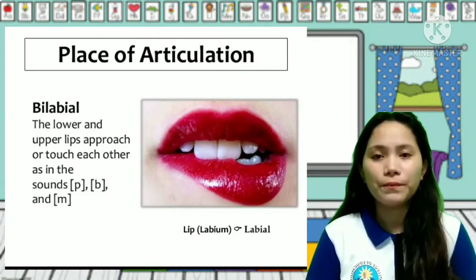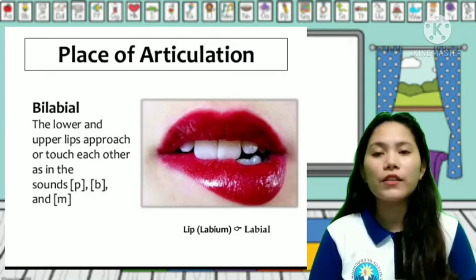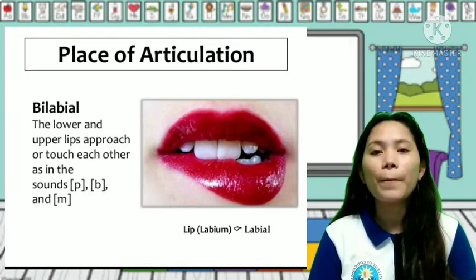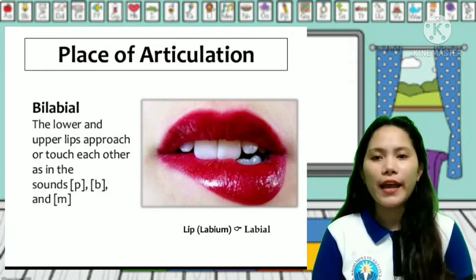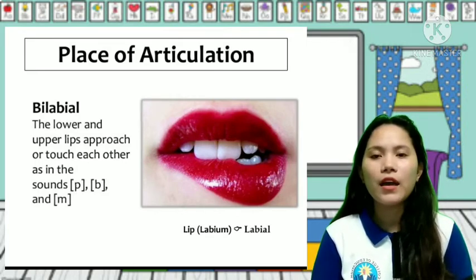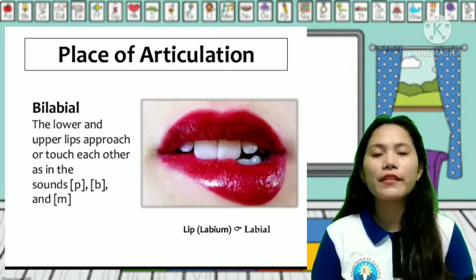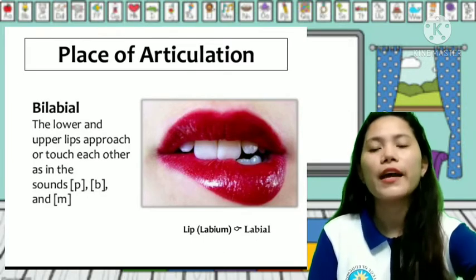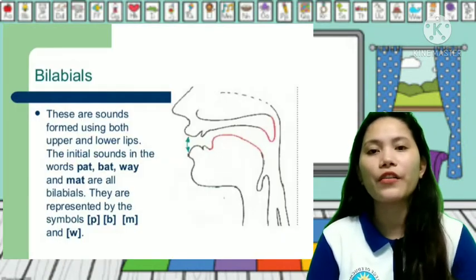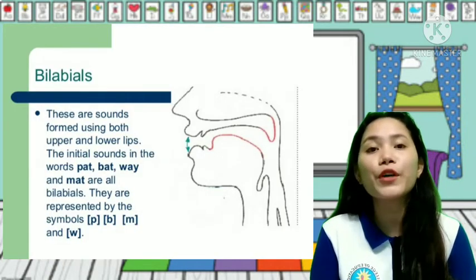In the sounds of these letters, you see your upper lip and your lower lip touch each other. These are sounds formed using both the upper and lower lips.